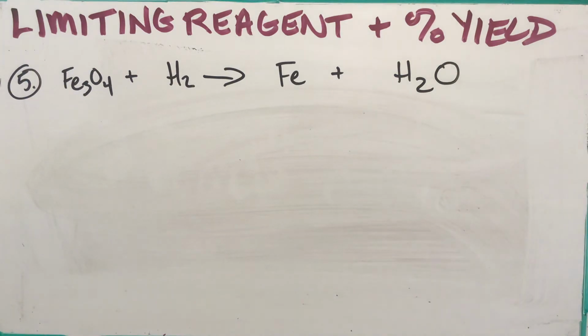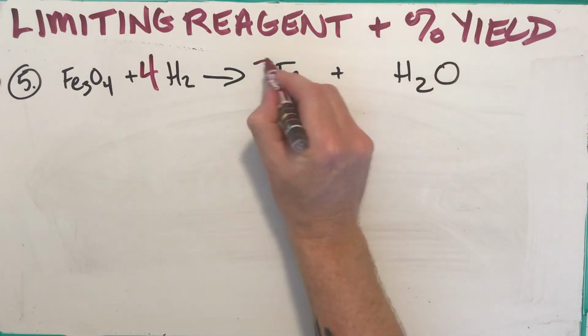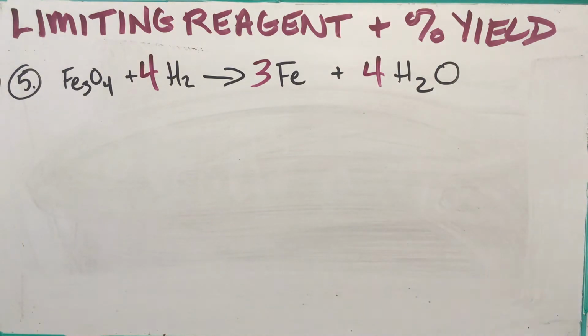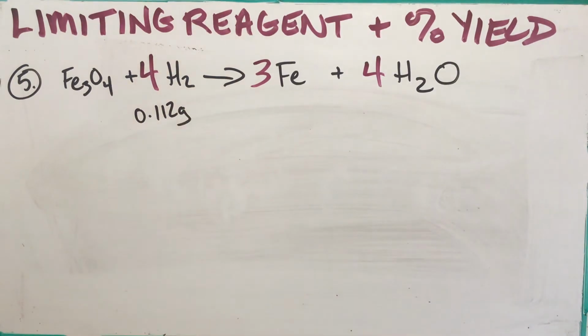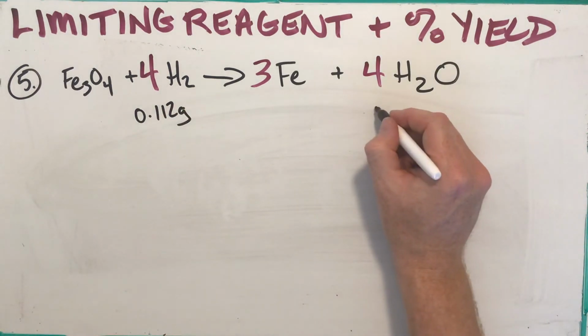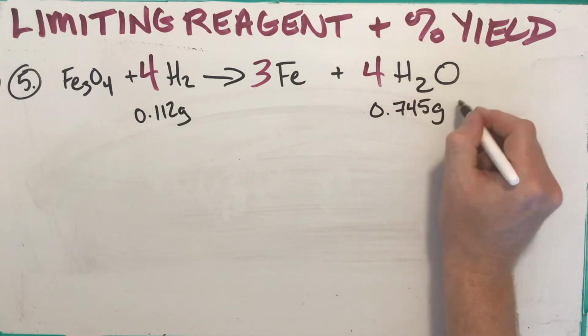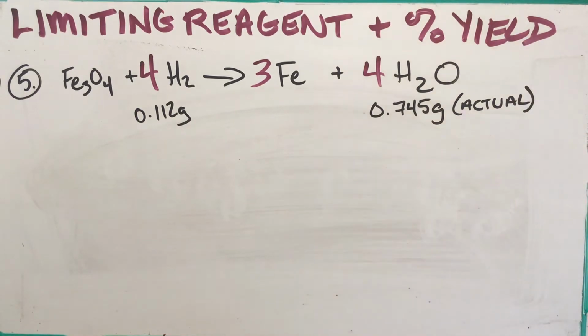And to balance that off, this reaction was given to you in the question. And it said we had 0.112 grams of this. And it said our actual yield of the water was that.